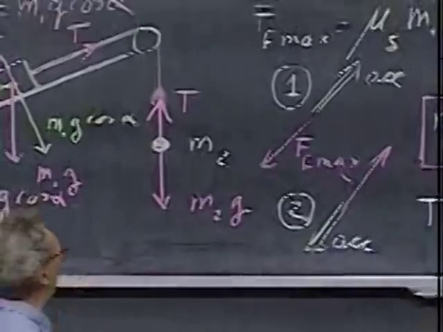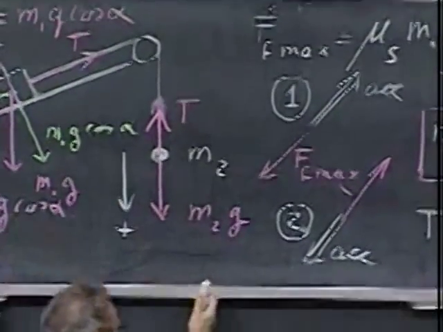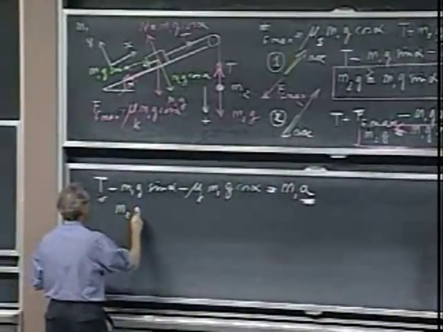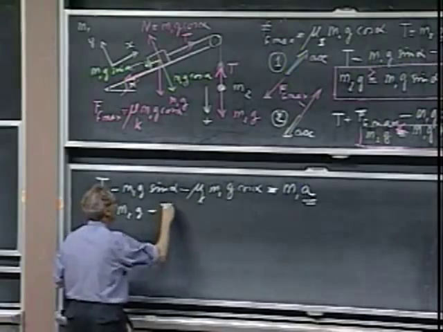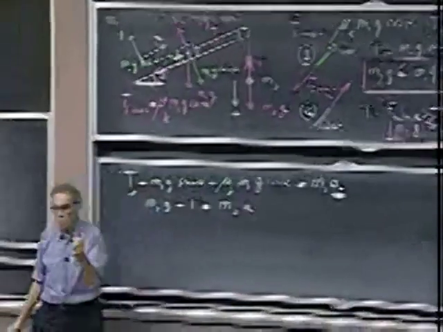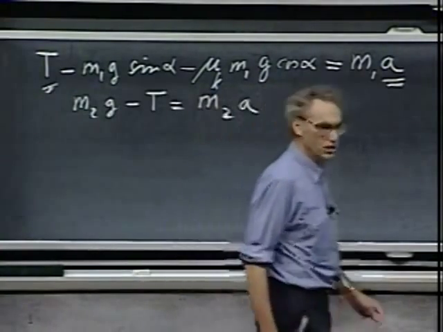So I have a second equation for object number 2. I call this the plus direction. So for object number 2, I have m2 g minus T equals m2 times a. It is very important that you see that the tension will change. Now I have two equations with two unknowns, and now I can solve.